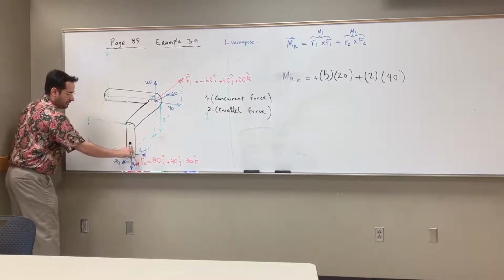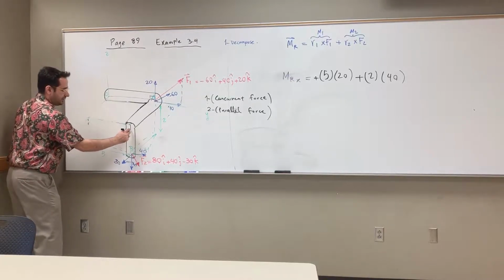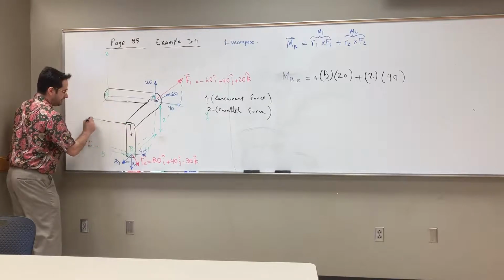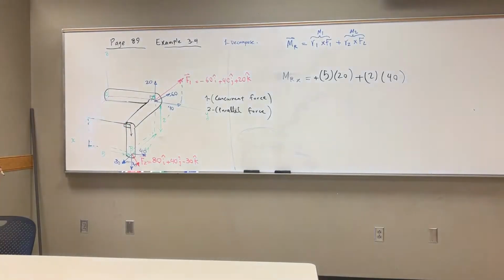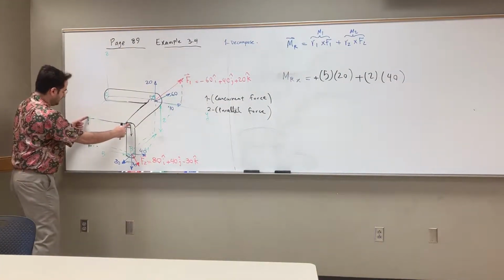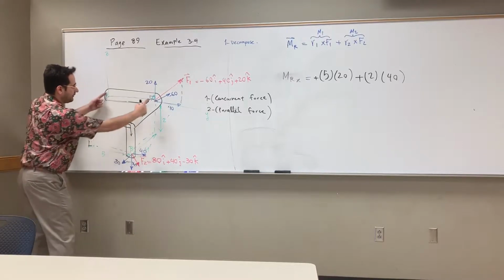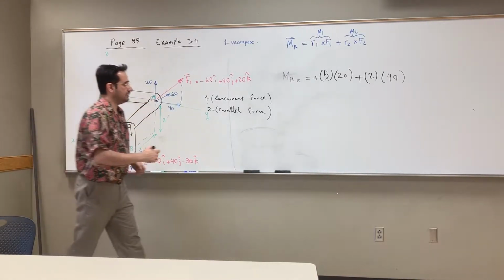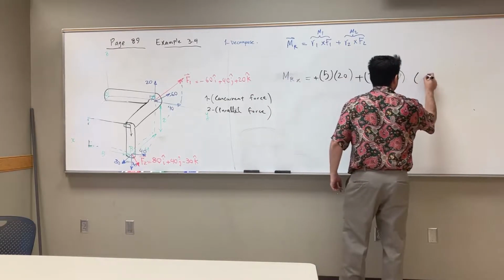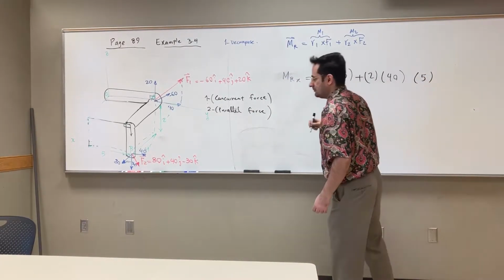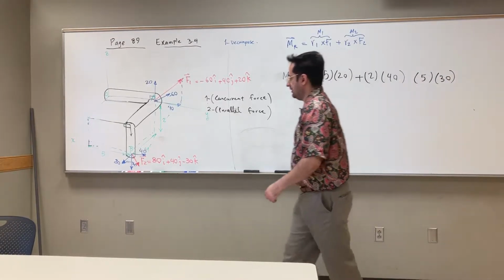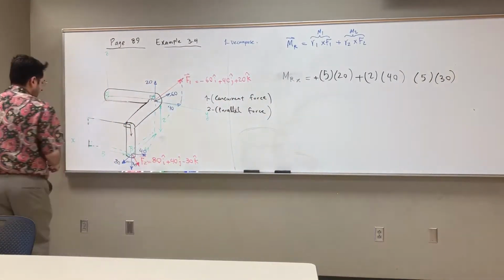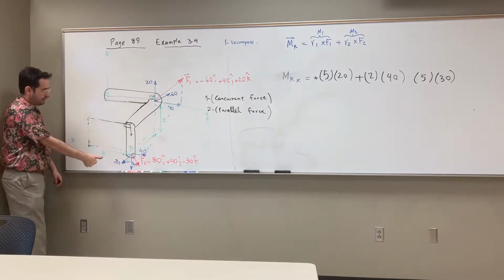Down or up? Up. So you bring it right here. And then, with respect to this axis, this becomes perpendicular. So what's the moment? From here to here, it's 5. 5 times 30. Positive or negative? Yeah, it's negative. R cross F.